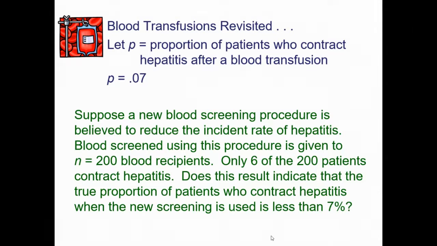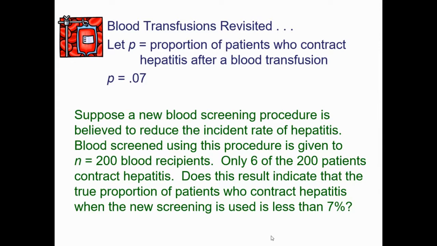Blood screened using this procedure is given to 200 recipients. Only 6 of the 200 get hepatitis. Does this result indicate that the true proportion of patients who contract hepatitis when the new screening is used is less than 7%?